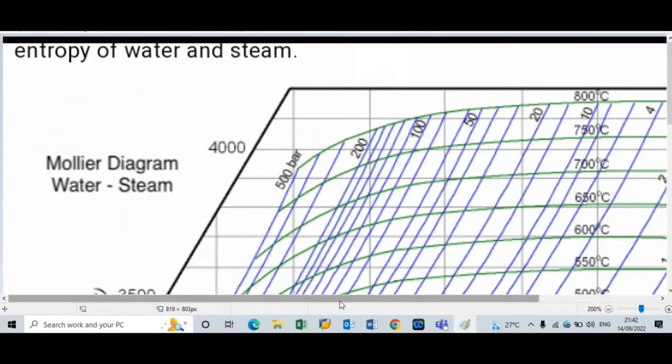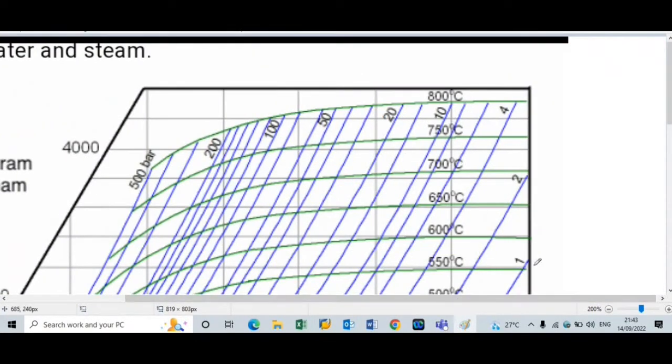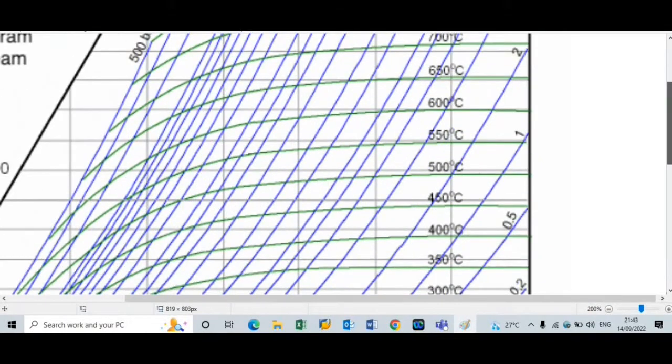Here the pressure lines are 1 bar, 2 bar, 4 bar, 10 bar and so on. Between 20 and 50 there are two lines: this one is for 30 bar and this one is for 40 bar. So between 20 and 30 we have to select the 25 bar pressure, and the temperature is 274 degrees Celsius.